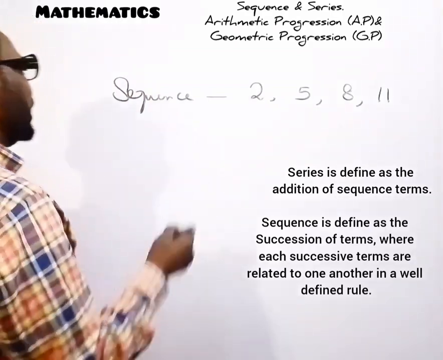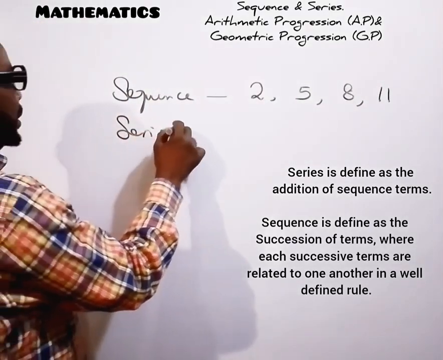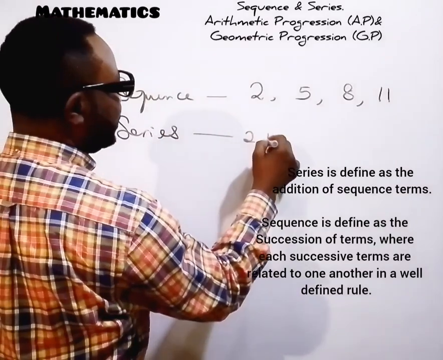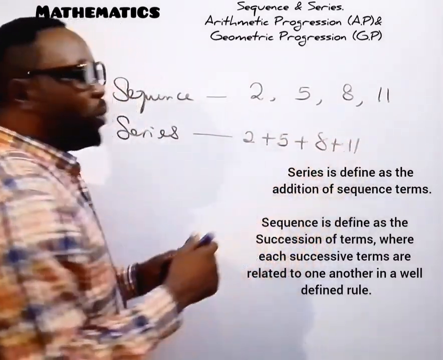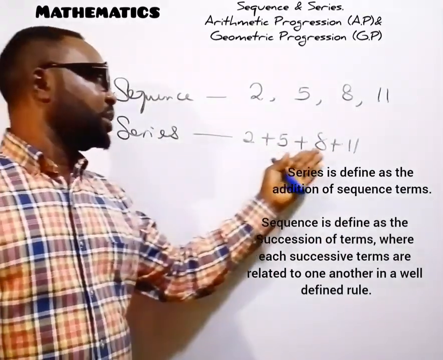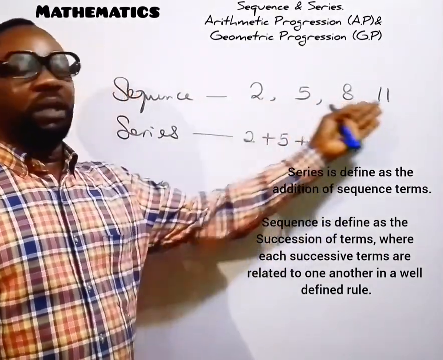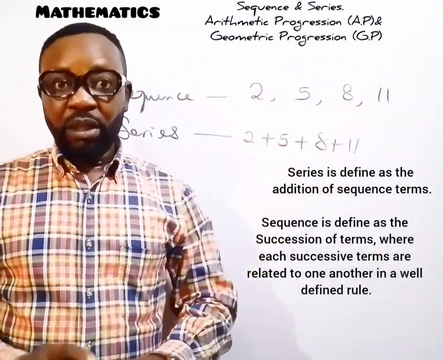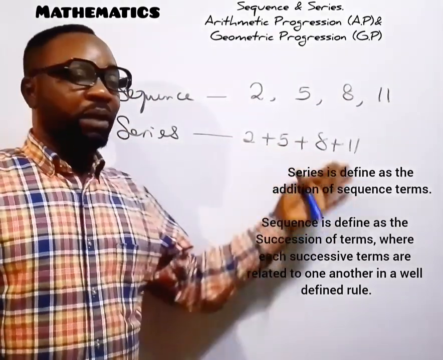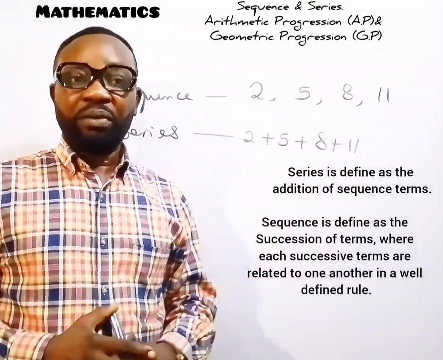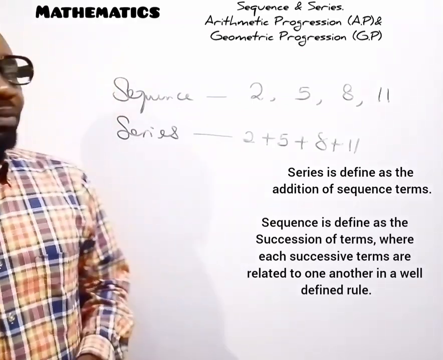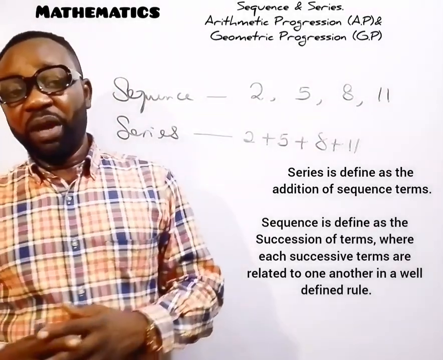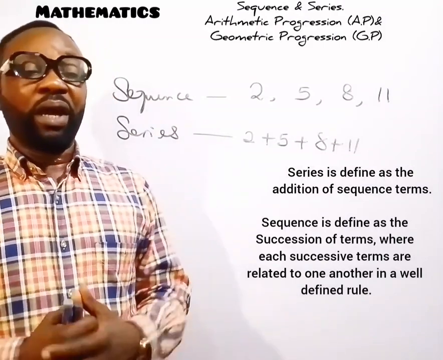For example, a series can be in this form: 2 plus 5 plus 8 plus 11. When you have this addition between the terms, you call it a series.